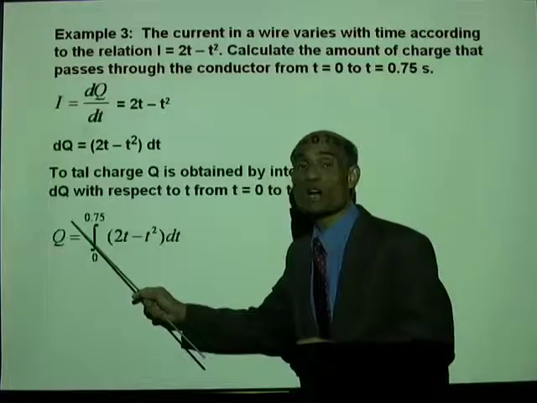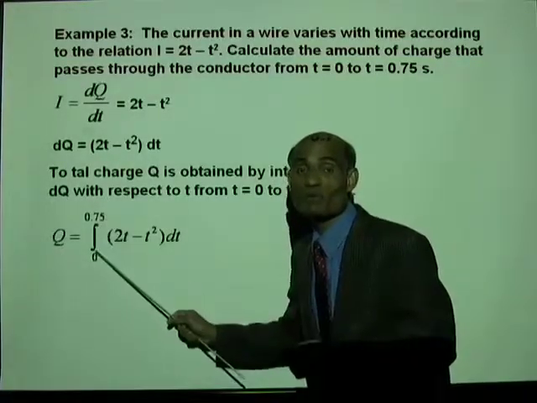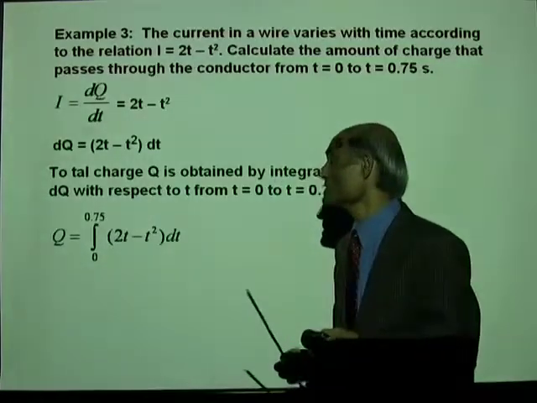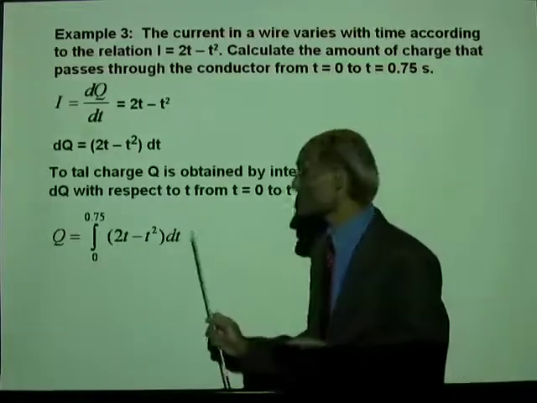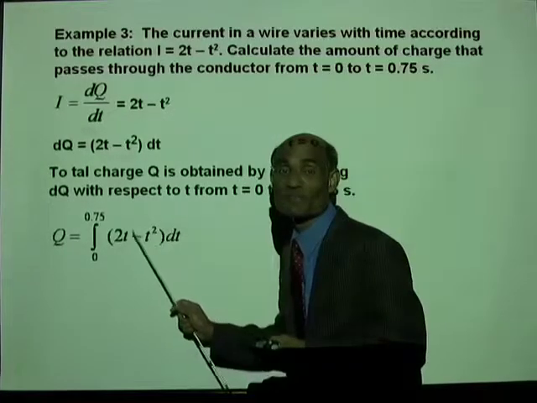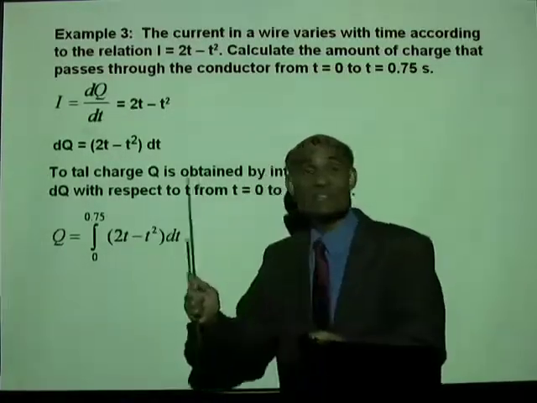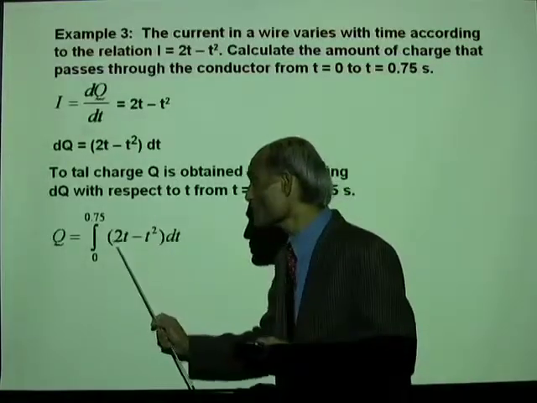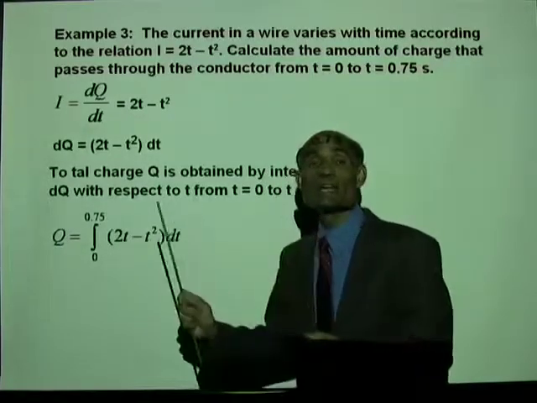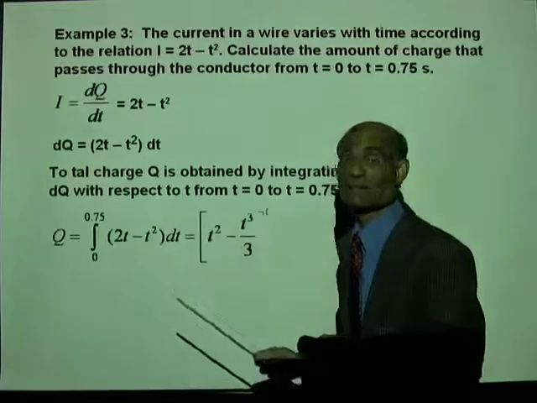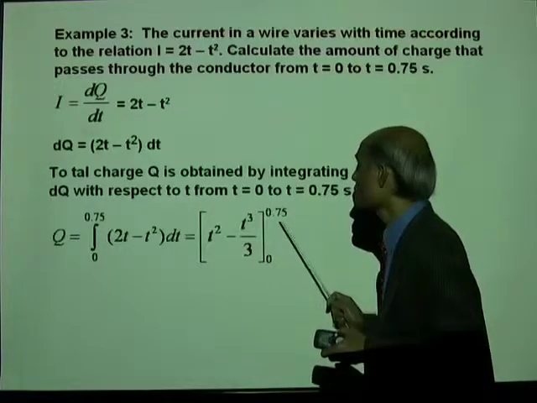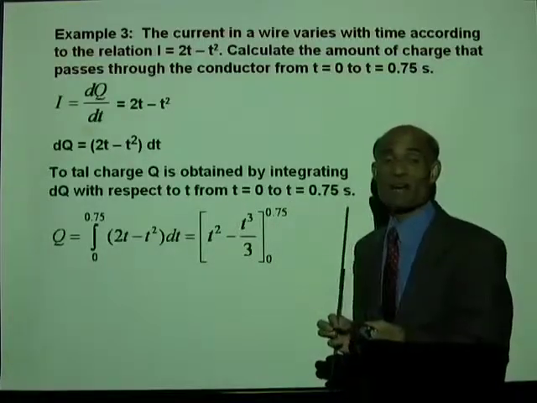The total amount of charge that passes during that time interval is the integral from 0 to 0.75 of 2t minus t squared dt. Alright, tell me, what is the integral of 2t dt? Integral of t dt is t squared over 2. So the first term will be t squared, minus the integral of t squared dt, which is t cubed over 3. So that will be t squared minus t cubed over 3, lower limit 0, upper limit 0.75.